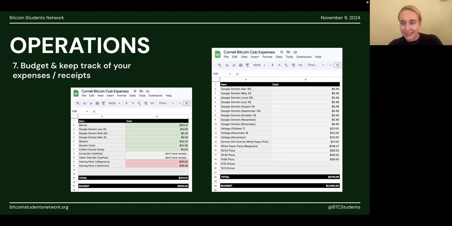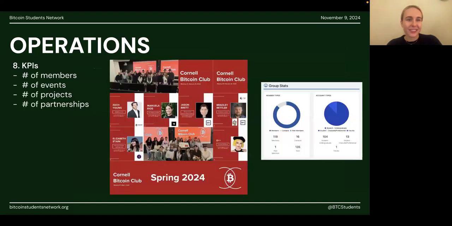This is a very basic budget on Google Sheets, but you can take it and adopt it as yours if you would like. Especially if you're going to have some recurring expenses, for instance a Google domain, or, as we did, setting up a node, so we have that expense every month. It's good to keep track of that.